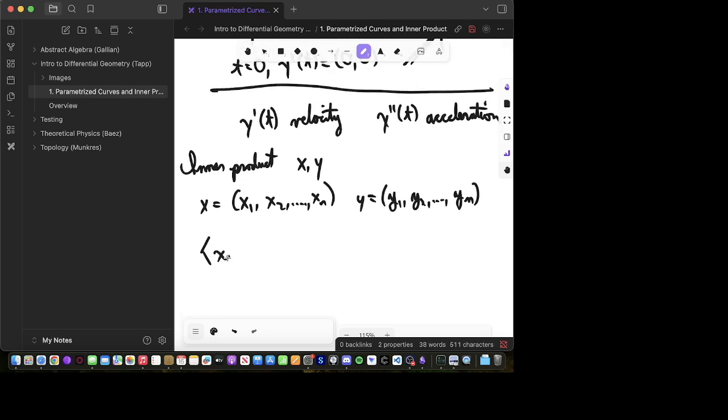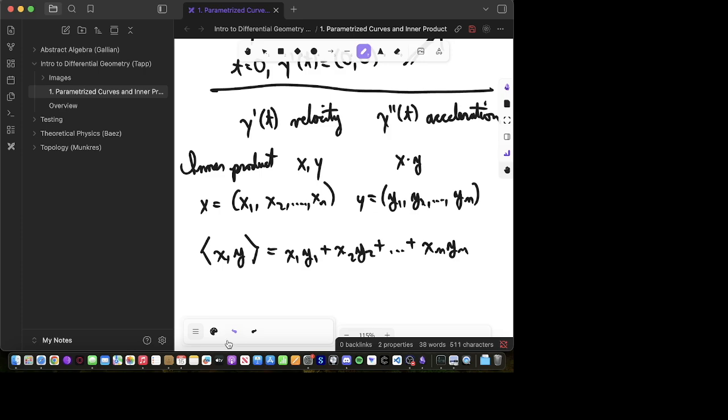The inner product looks like this, and this is the formula for the inner product. Sometimes you might call it the dot product, and it looks like this. We're going to stick with this one because differential geometers tend to use that notation.